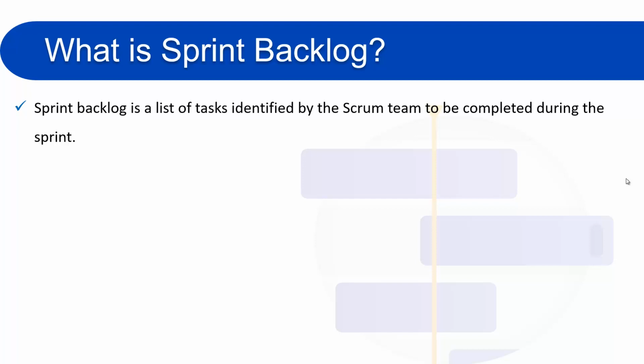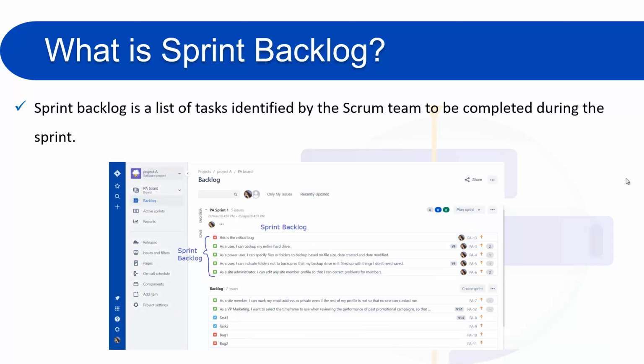So those items selected in the sprint planning meeting form the sprint backlog. I hope you remember this picture from my previous video. We have selected a few items from our product backlog for the sprint. So these selected 5 issues, the 4 user stories and the 1 bug, form the sprint backlog. This is the area which is called the sprint backlog in Jira.